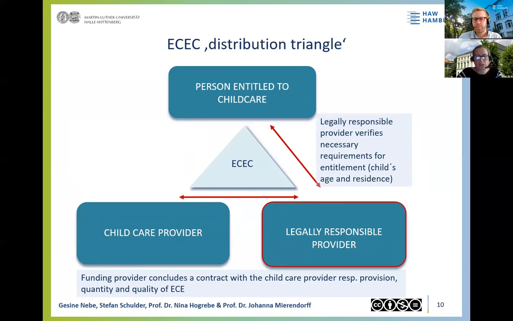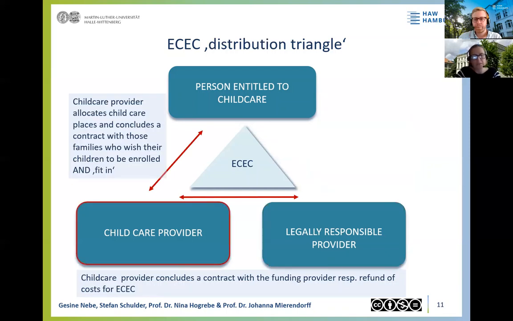With registered childcare providers, the legally responsible provider, on the other hand, contracts childcare provision quantity as well as quality and costs. Usually, municipalities and ECEC providers negotiate refund rates on a regular basis. So, childcare providers act upon contracted finances as well as requirements.